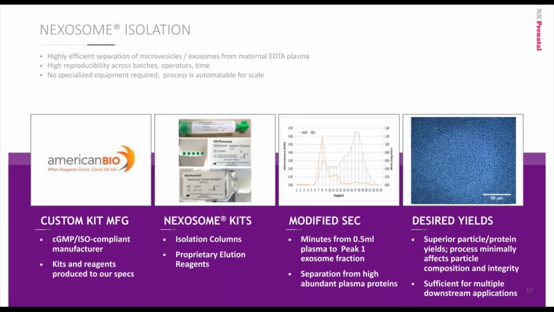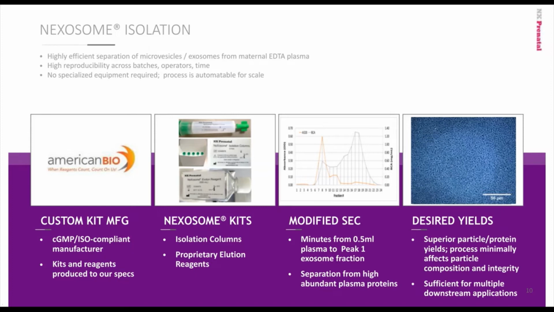The nexosome columns we use for isolation are a modified size exclusion chromatography column with some bead specializations and a proprietary buffer to optimize particle enrichment and yields. About 1/2 milliliter of blood is used in the current configuration.